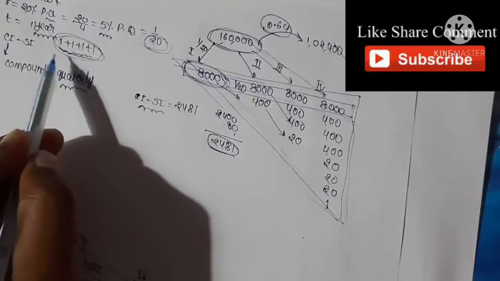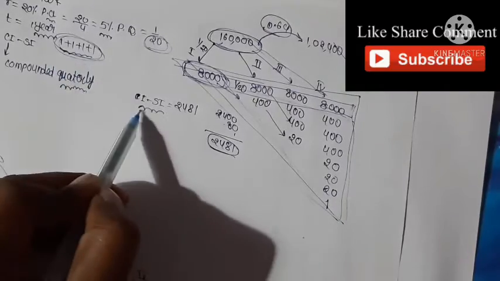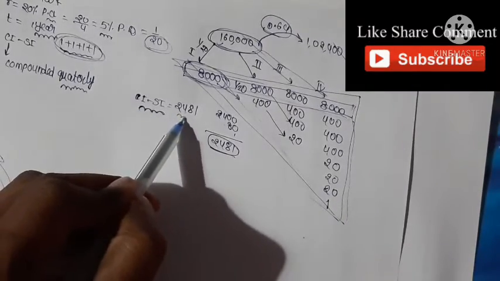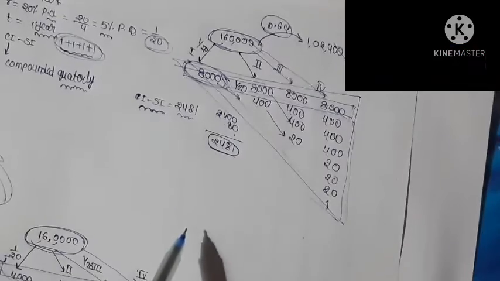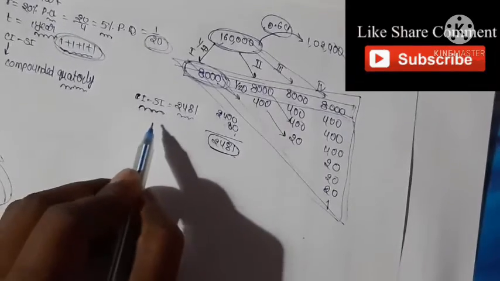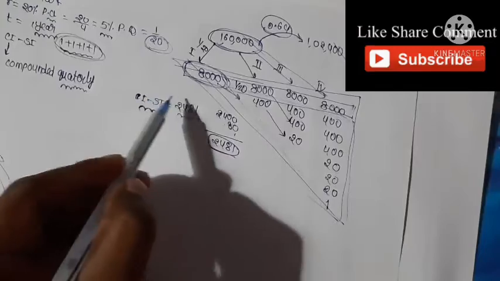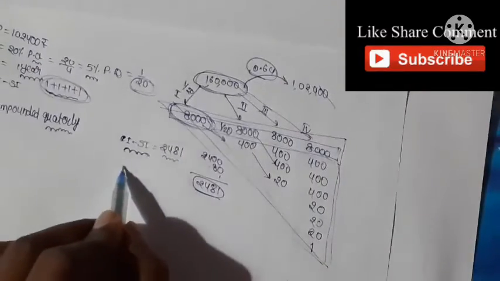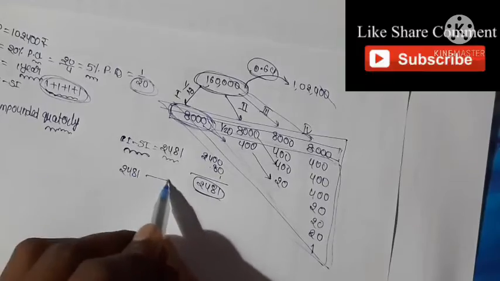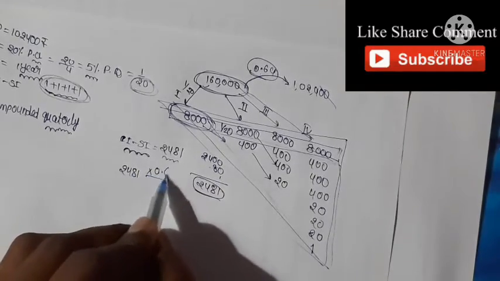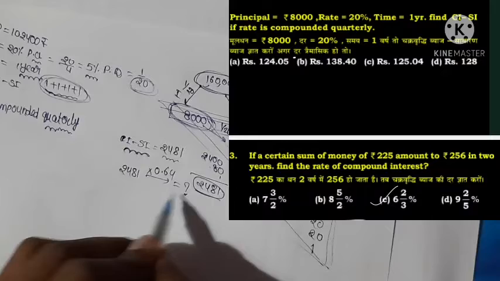Here the difference of compound interest and simple interest is 2481 units. So 1 unit represents 0.64, so 2481 units represent 2481 into 0.64. So that is the difference.